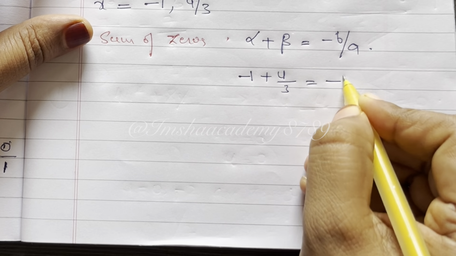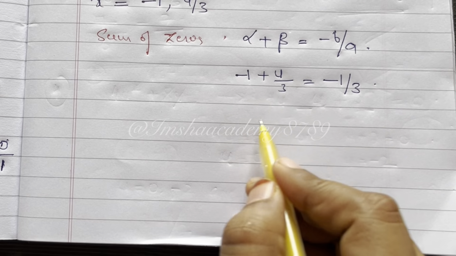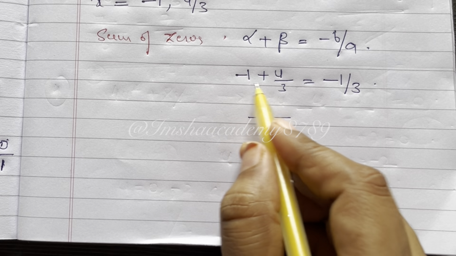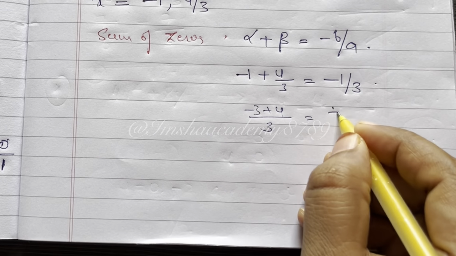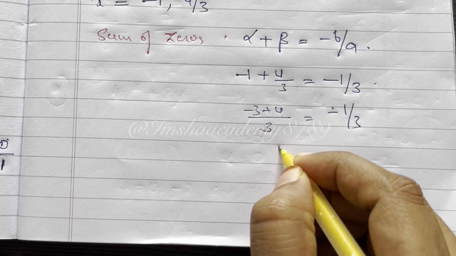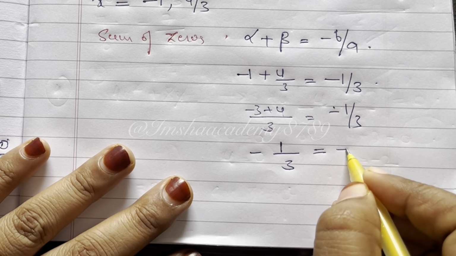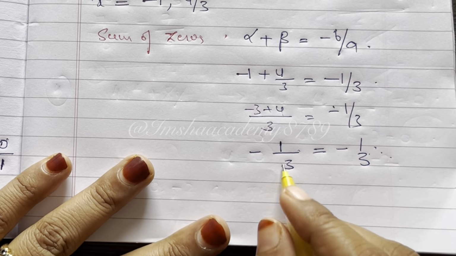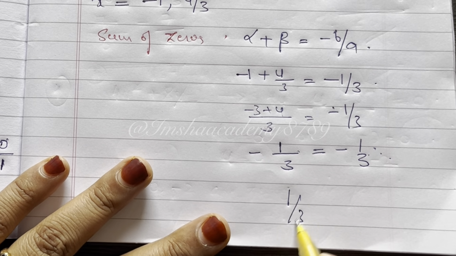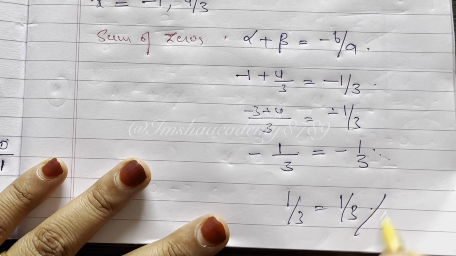When we solve it, the LCM is 3, minus 3 plus 4, that is 1 by 3. Here also it will be 1 by 3, minus minus gets cancelled. So the value is 1 by 3 is equal to 1 by 3.